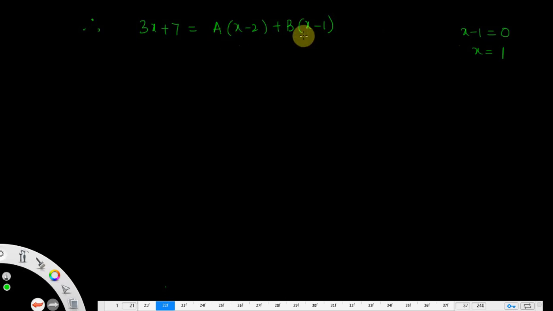Similarly, we have to find the value of b. Then x minus 2 is made 0, that means put x equal to 2 in the given expression. So first put x equal to 1 for the value of a, then b will be closed.